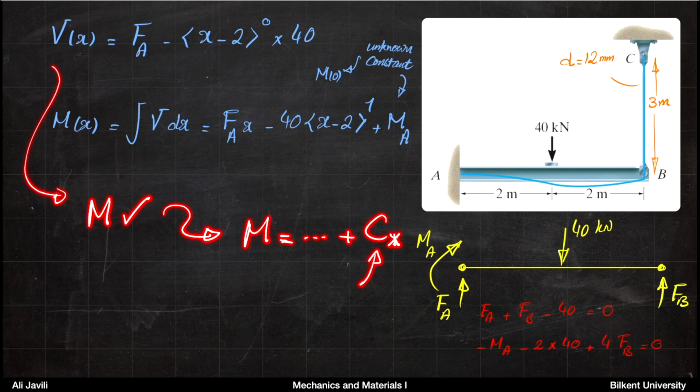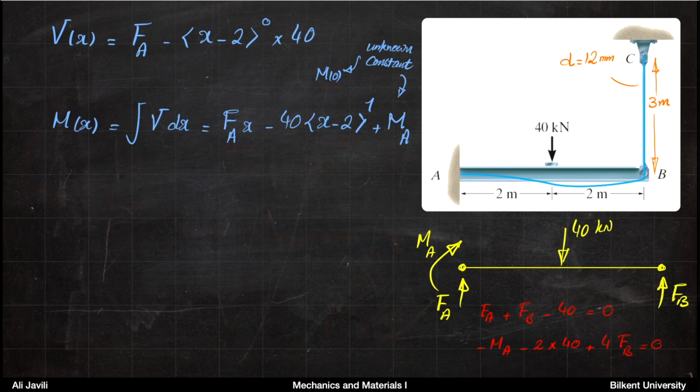That constant C star would be basically the same as the moment at 0, because if you use the coordinate 0 here, you get 0 for both arguments. So basically the constant at the end is nothing but your moment at 0, which is exactly Ma. So that's why you have Ma here as the usual constant C.